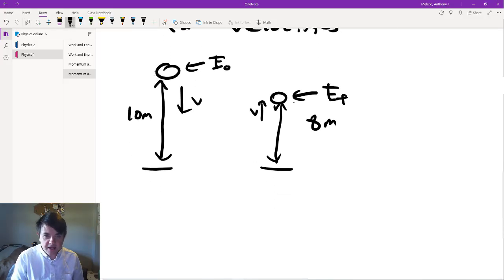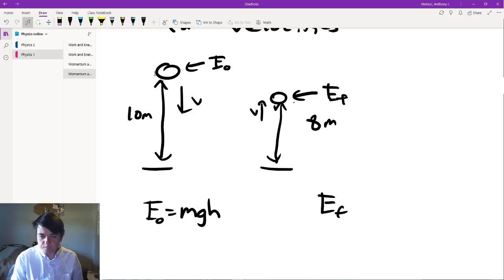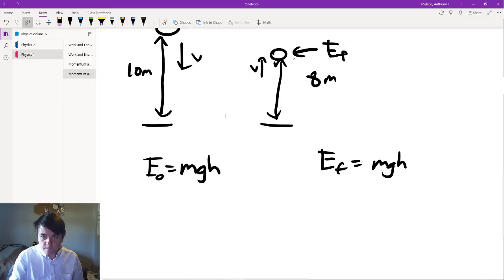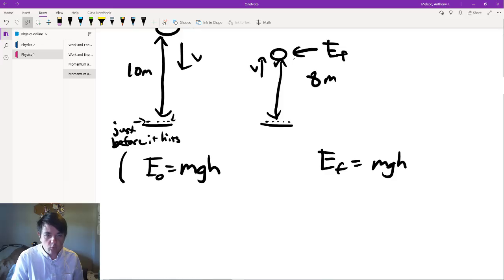So at its highest height, E initial equals mgh, where h is 10 meters. And E final will equal the same thing. Then we can set that equal to the point down here, just before it hits, where it will only have kinetic energy.